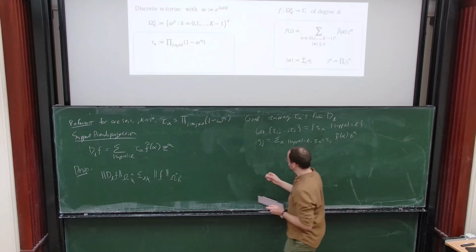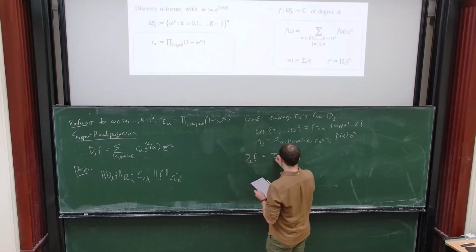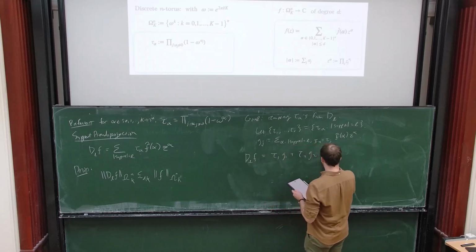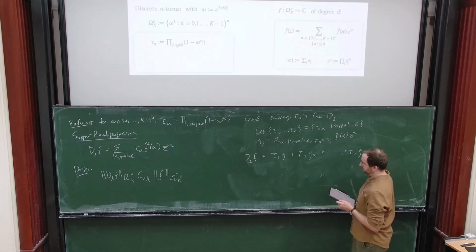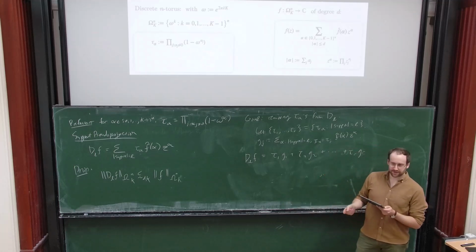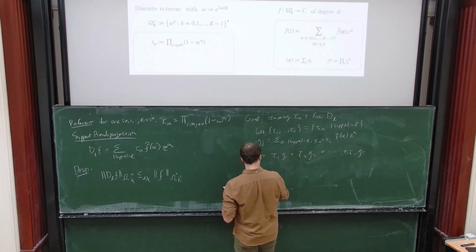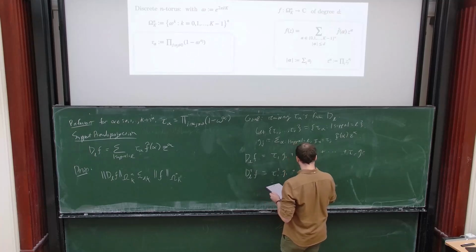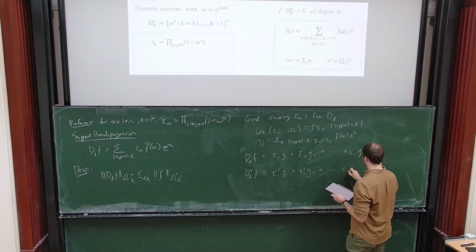What does this mean in terms of D sub L? It means that D sub L of F is equal to tau 1 G1 plus tau 2 G2 plus some stuff plus tau R GR. And I propose just applying this again. So D_L squared F, this is not very interesting, but maybe you can imagine what might be the next step.